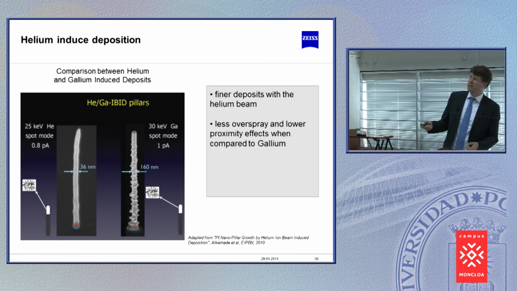When you compare this gallium produced one with a width of 160 nanometers and the 36 nanometers here, just see that there's a different scale bar. You can really reduce the overspray because of the lower proximity effects when using helium ions. So you can write your structures as you like.